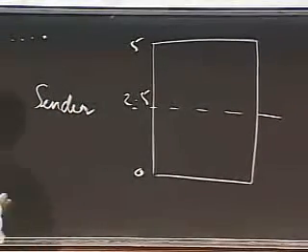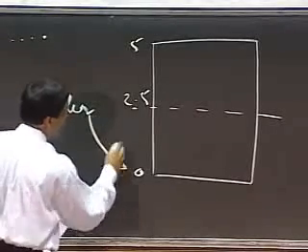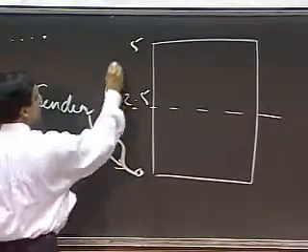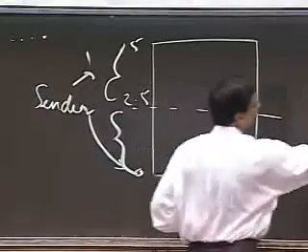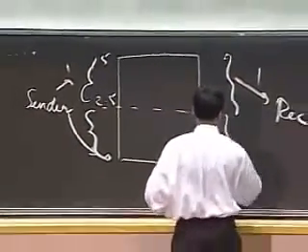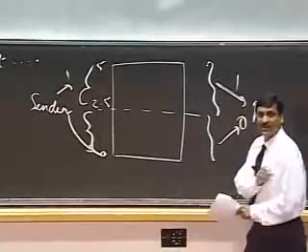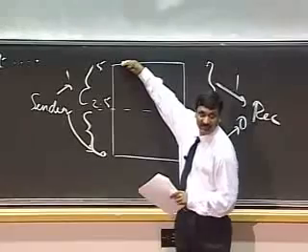as a sender, if you wanted to send a 0, then you would send a value here. And if you want to send a 1, you would send a value here. Similarly, for a receiver, if the sender sent a value all the way up at 5 volts, that was the best thing.